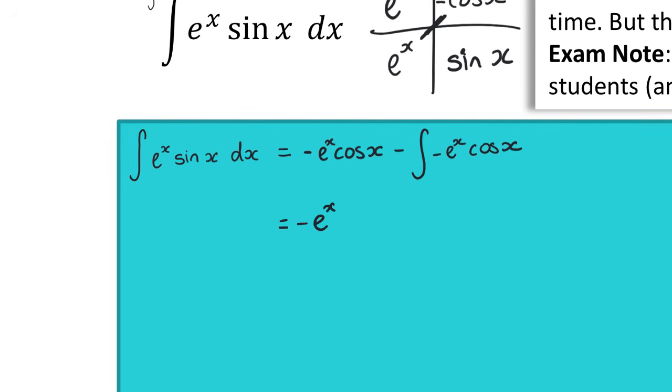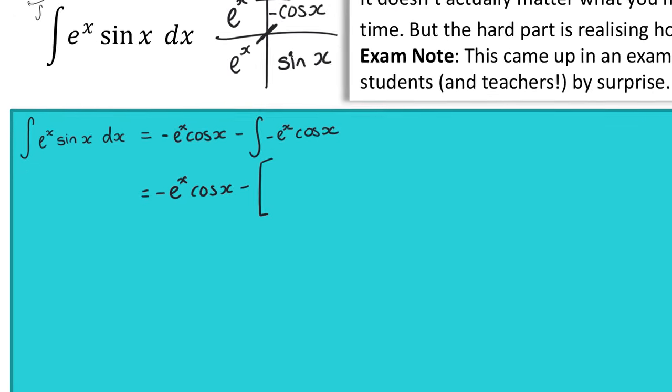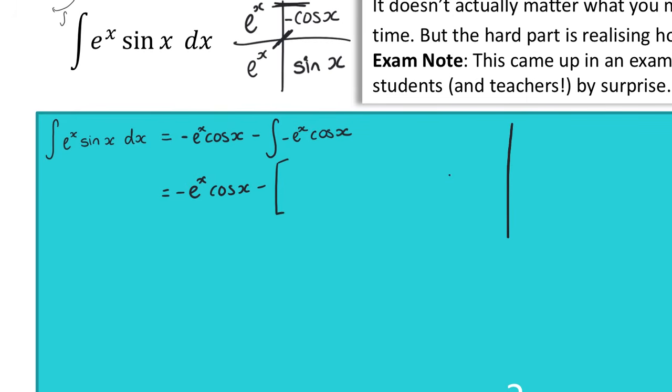Minus e to the x cos x minus, okay, so now we're going to have another one, right? So we've got minus e to the x and we've got cos of x. So minus e to the x, what does that differentiate to? Minus e to the x. What does cos integrate to?